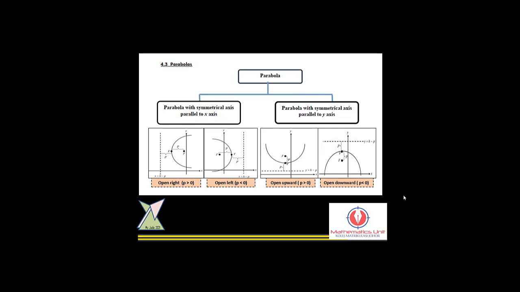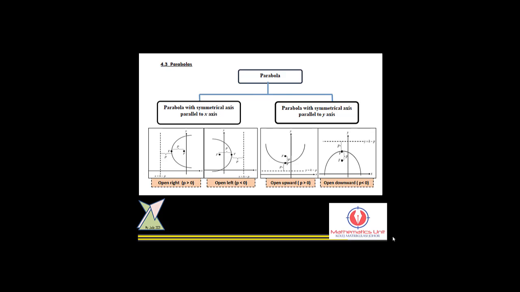Just now I did mention that the parabola can open left, right, up and down. How do we tell the difference between all these graphs? Let us take a look at the standard formula of a parabola. We have two types. One is parallel with the x-axis and the other one is parallel with the y-axis. As we know, it looks like a quadratic form, which means that one of the variables will be squared.